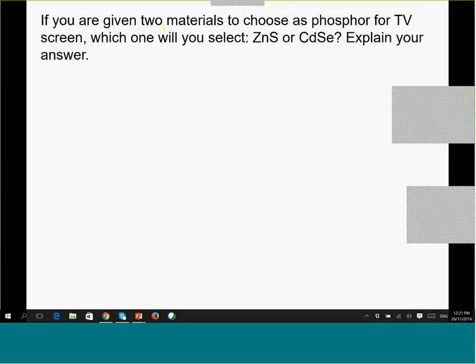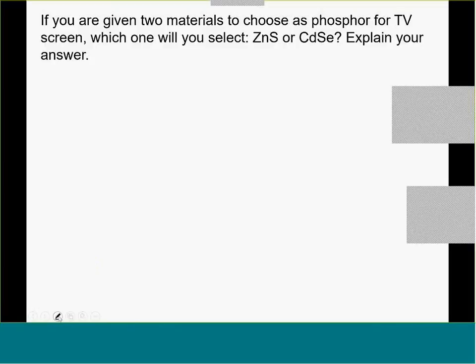If you are given two materials to choose as phosphor for a TV screen, which one would you select: zinc sulfide or cadmium selenide? Explain your answer. So, how are we going to solve this problem?